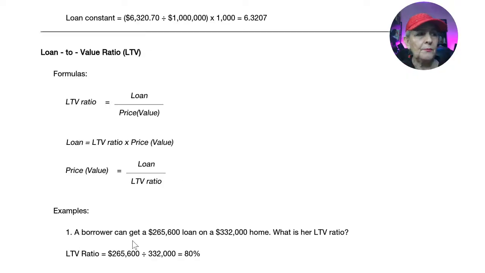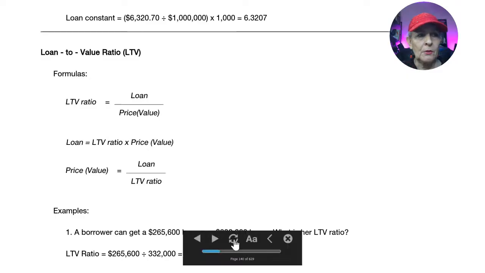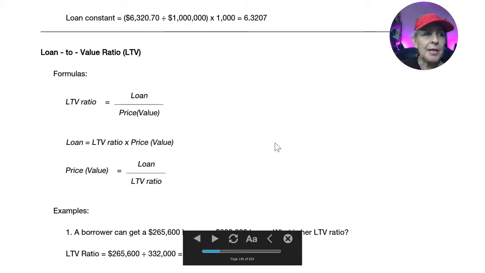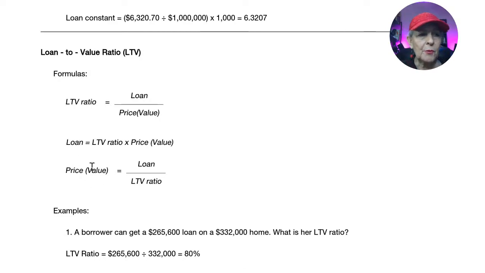Example, a borrower can get a $265,600 loan on a $332,000 home. Which one is the price value? $332,000, right? That is the price of the property. They're getting a $265,600 loan. What is their LTV ratio?